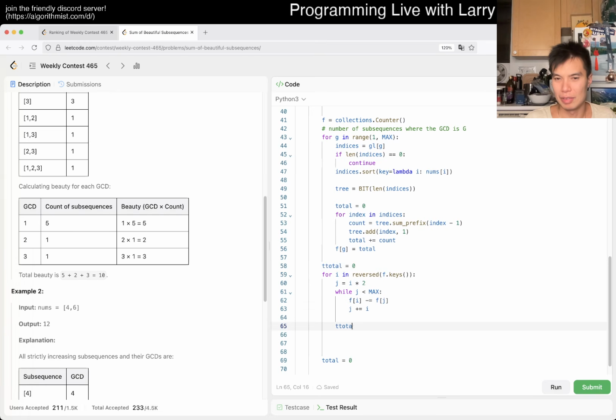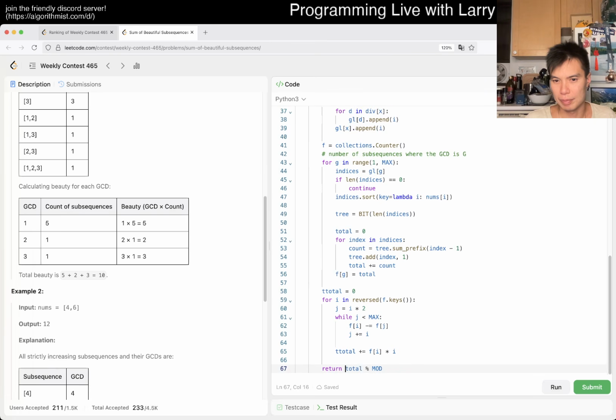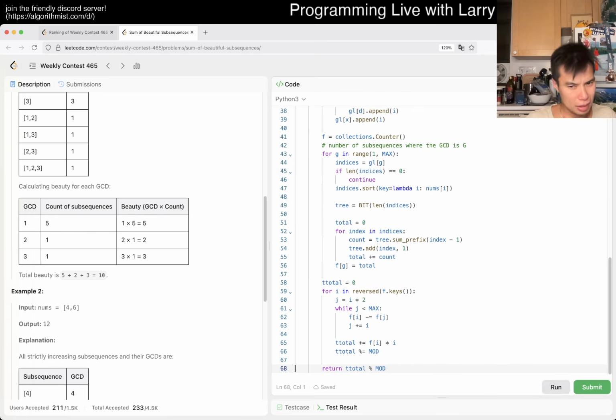Then now we have f of j or f of i times i, and then just mod things, right?